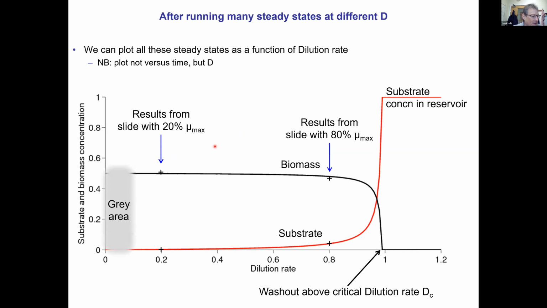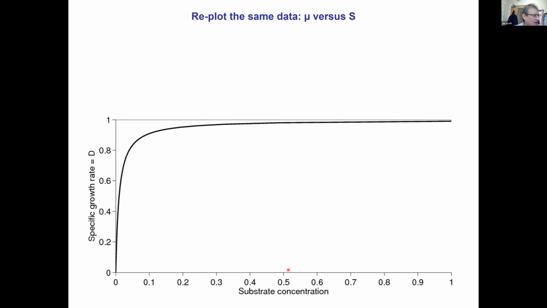And you can now replot this. Here we have substrate and biomass concentration as a function of dilution rate. And remember, dilution rate in a steady state is the same as a specific growth rate. So we can replot it by flipping the axis. Here we have the specific growth rate or dilution rate on the y-axis now, and substrate concentration on the x-axis.